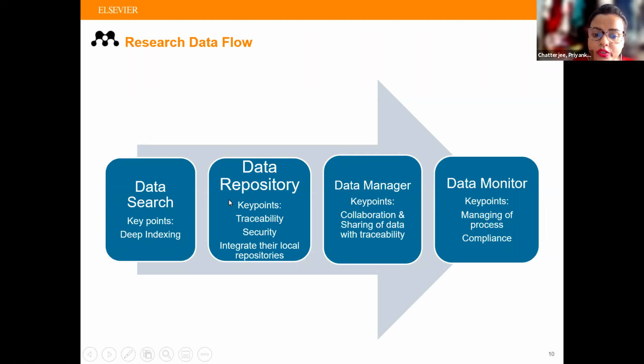You have data repositories, so you're able to trace and secure your data, integrate your own local repositories, create your own data sets, tag them, manage them, and publish them. We provide you with a workspace where you are able to collaborate with other researchers to manage a common pool of data, add new data sets, own the data, and publish the data. Now, this kind of collaborative atmosphere is not provided with the open source platform that you are using.